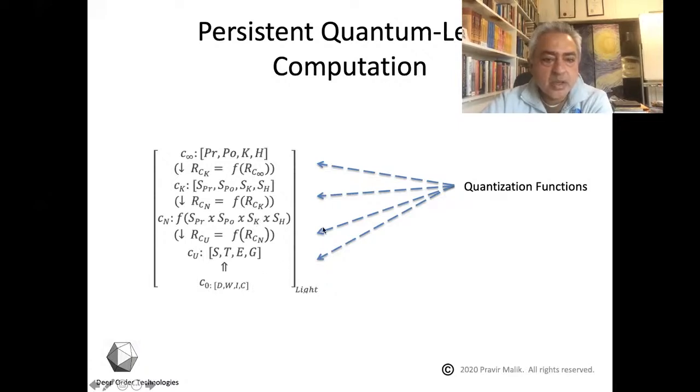And so we have four different quantizations that occur as light projects itself at different speeds, essentially. And this layer here of 186,000 miles per second is the result of a number of these quantization functions. Now, it's depicted as STEG, which actually is space-time energy gravity.